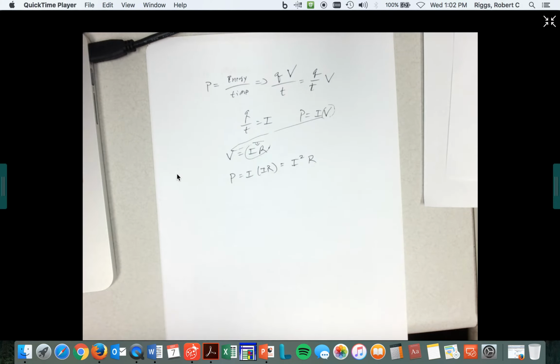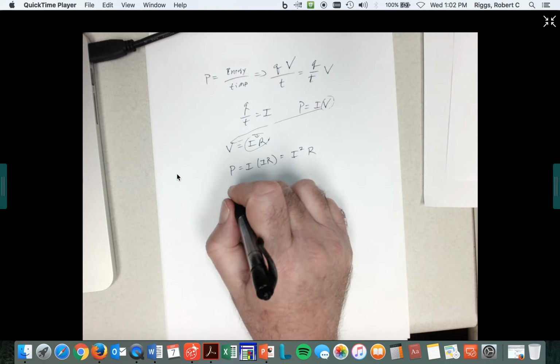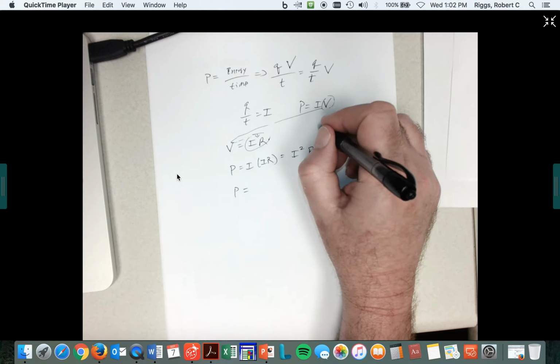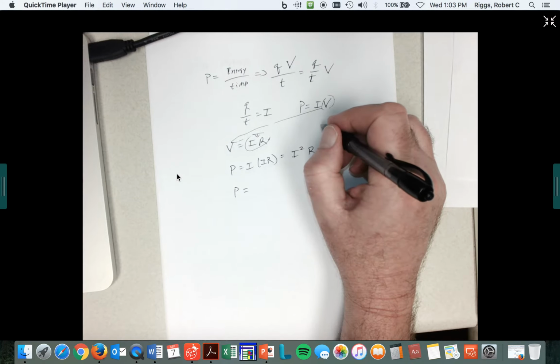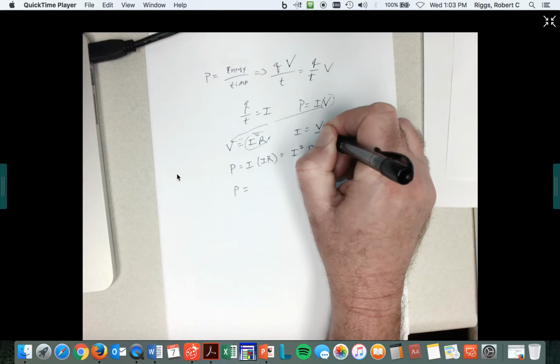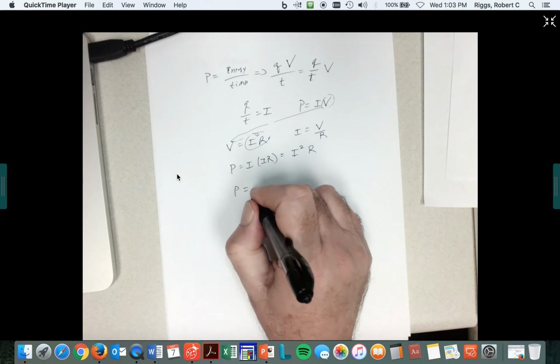Or I also know that I is equal to V over R. So I can put that in.